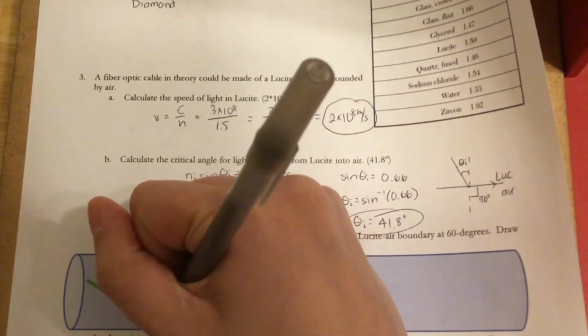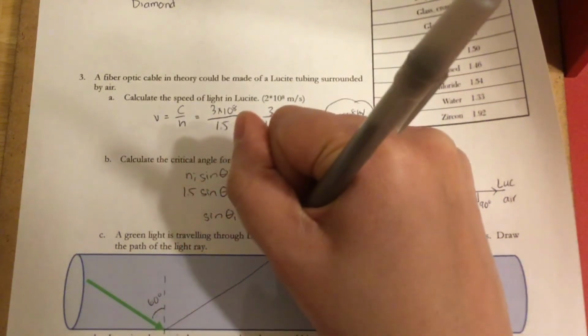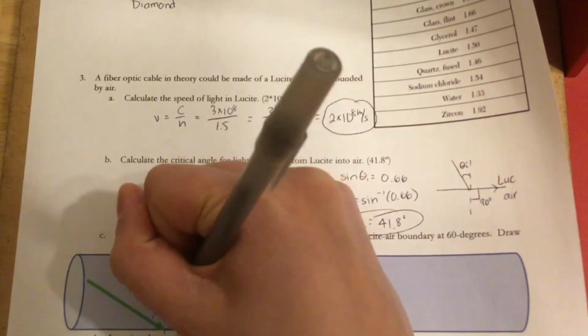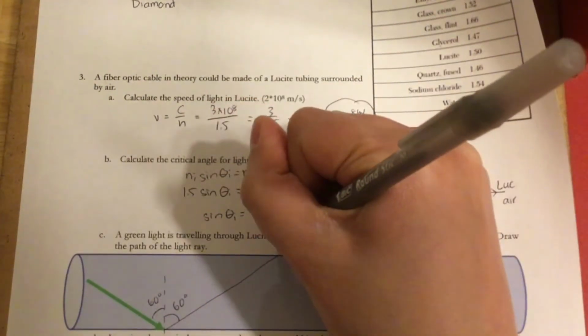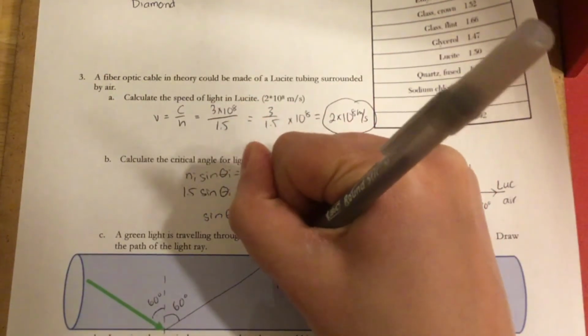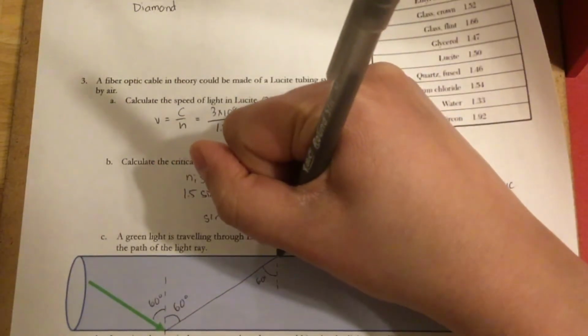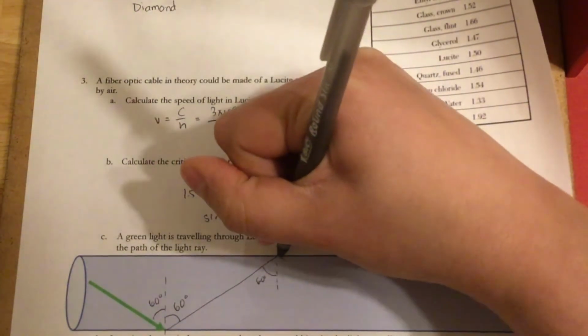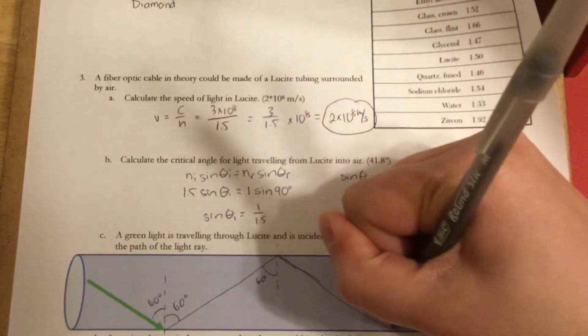And so my green light would travel at 60 degrees until it hits the next boundary. Notice it's obeying that law of reflection here. At the next boundary, it hits at 60 degrees, which is still above the critical angle. So it does total internal reflection again and travels all the way down this line.